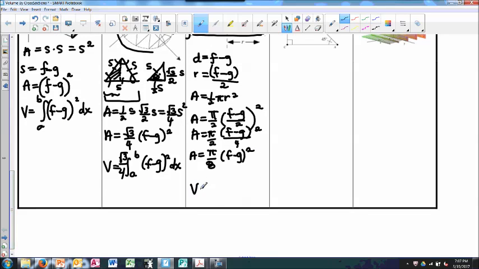So for our volume, the constant of proportionality can be factored out. And then we integrate area. And this one we said was a dy, so we'll call this c to d.